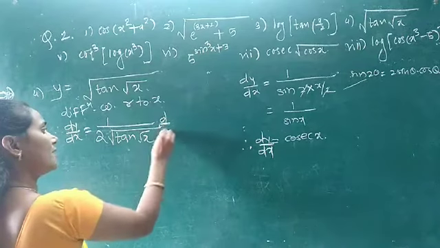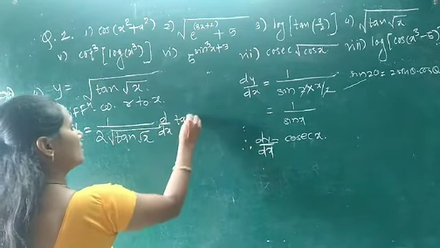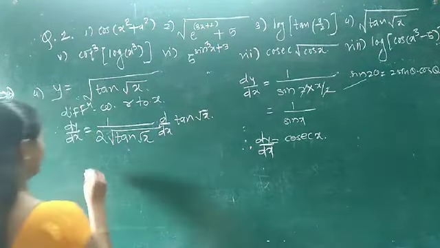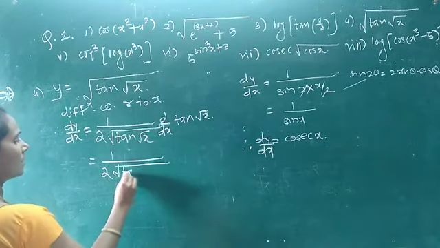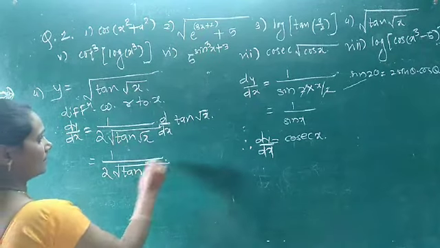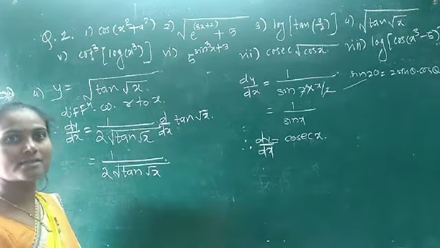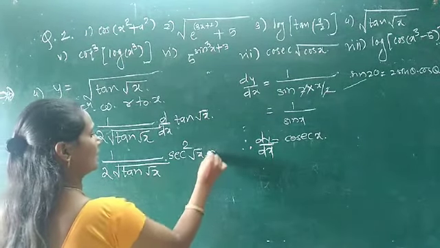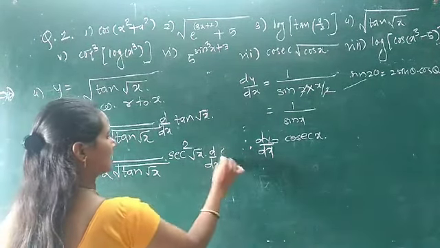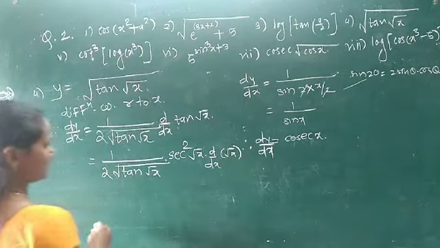What is the function here? Tan of root x. So 1 upon 2 root tan root x into the derivative of tan theta, that is sec square theta. So what is theta? Root x. And into the derivative of the function, that is the derivative of root x.